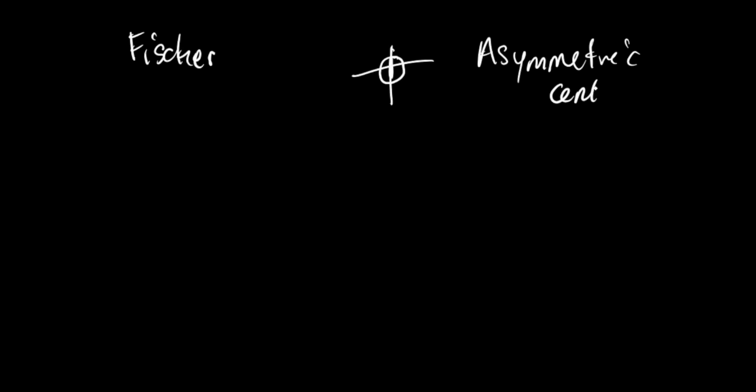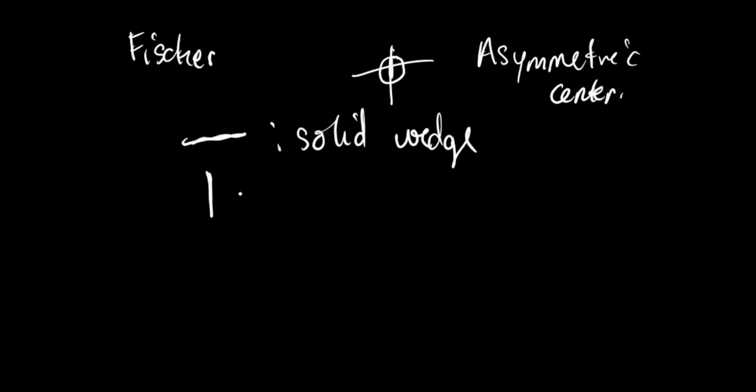Now, it's also important for us to take note of the fact that in a Fischer's projection, a horizontal line represents a solid wedge, and a vertical line represents a dashed wedge.